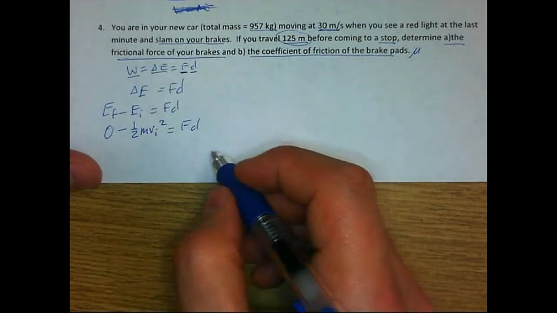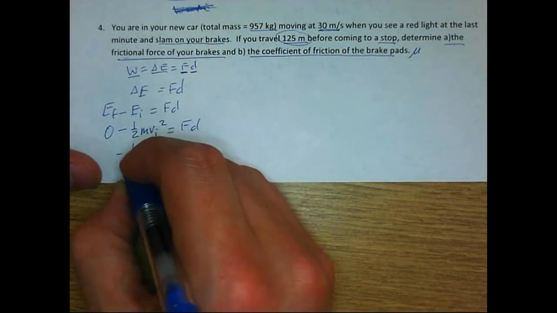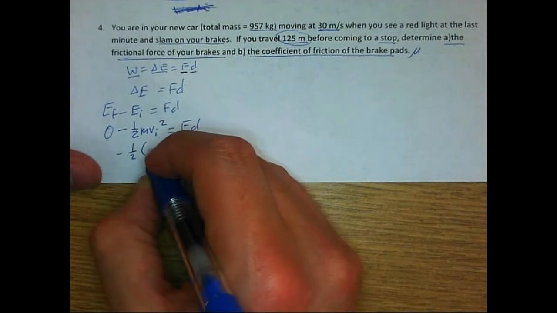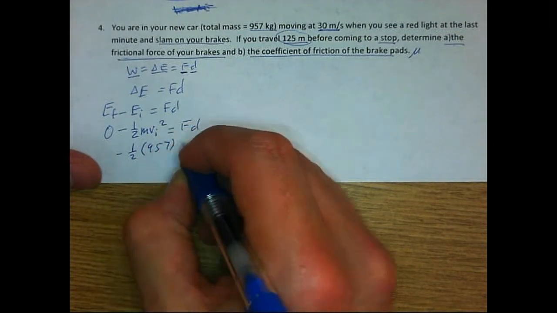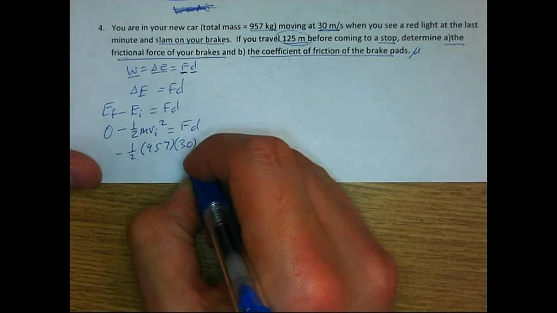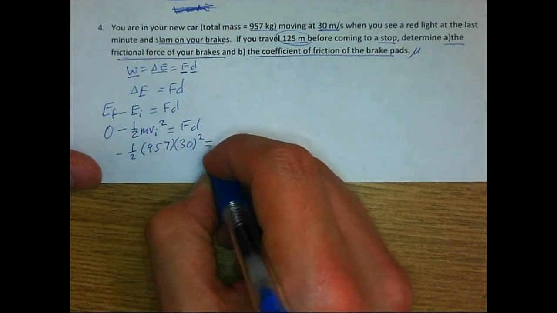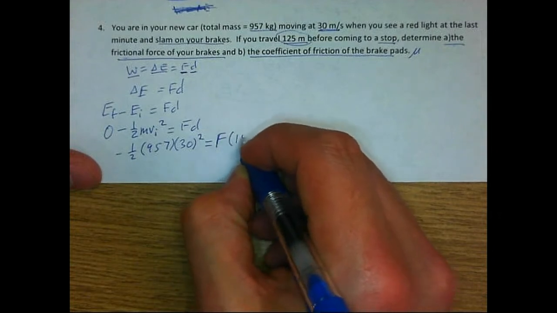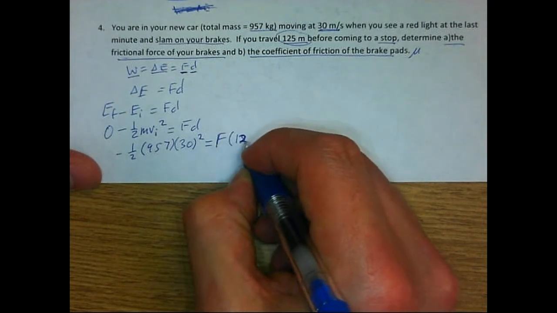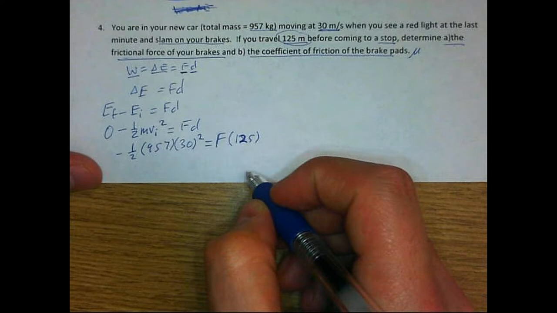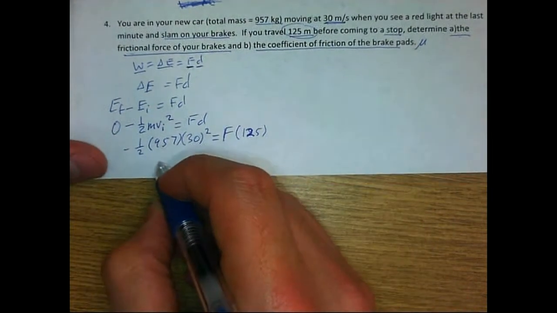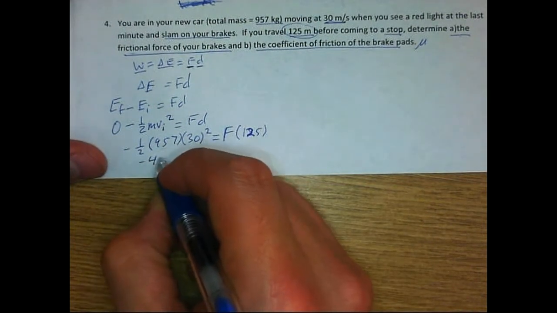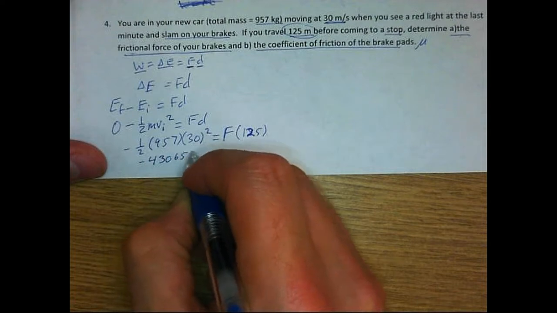And now we just plug in and solve for the force. So 1/2, mass is 957, initial velocity is 30 squared, equals the force, that's what we're solving for, times the distance, which is 125 meters. This kinetic energy comes out to be 430,650.